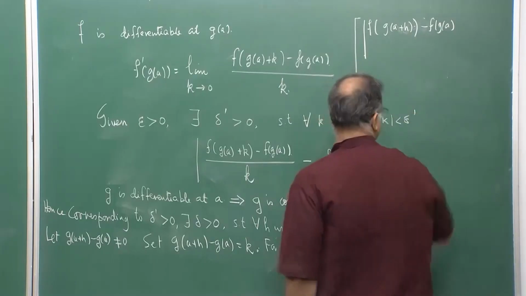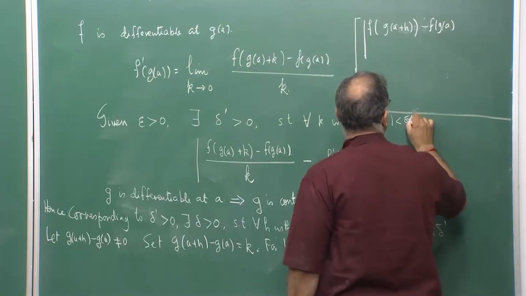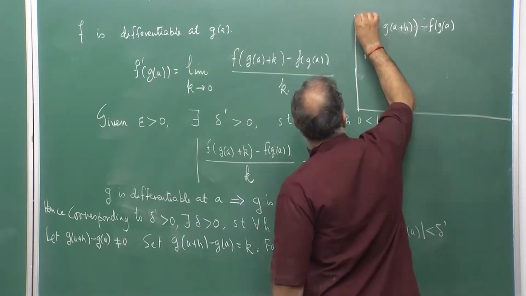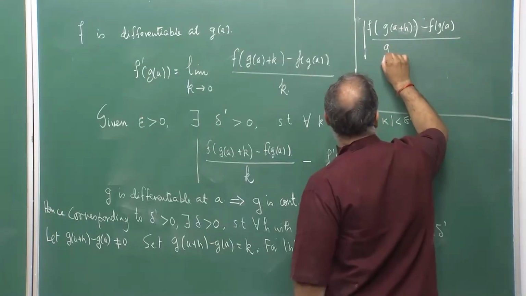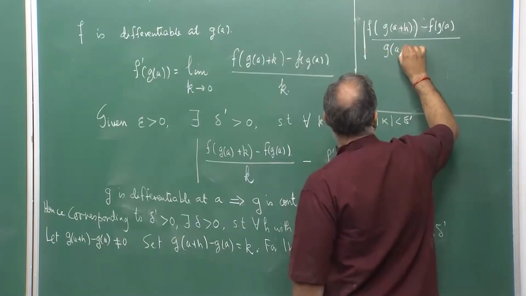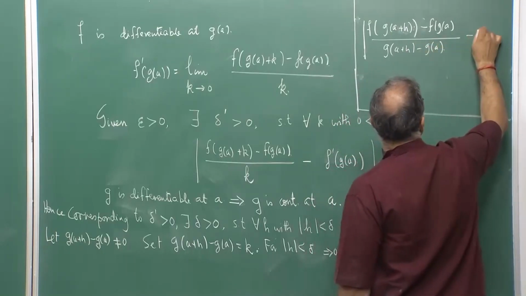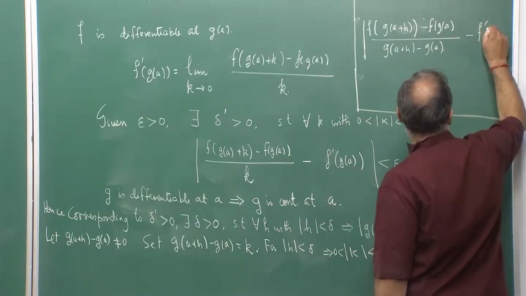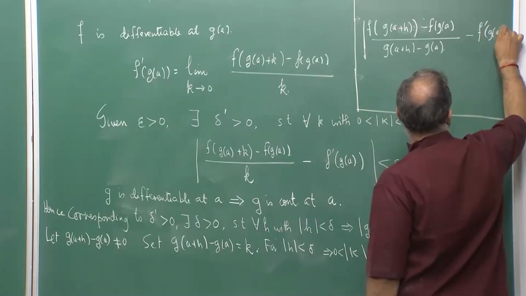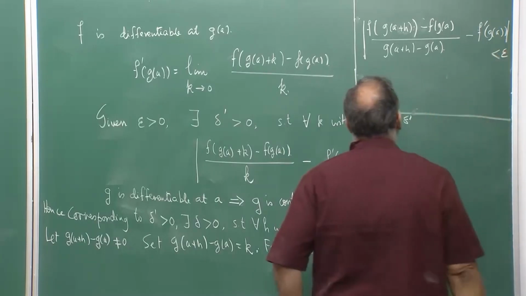So I am doing this part of the proof here, delta dash. We will have this divided by, instead of k, g(a+h) minus g(a), minus f dash of g(a), strictly less than epsilon.